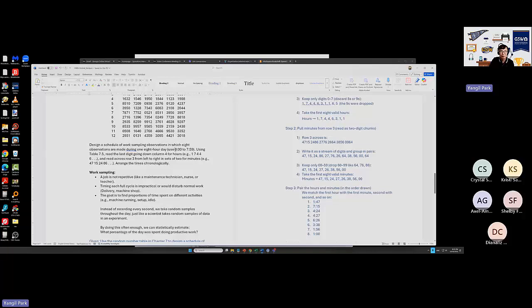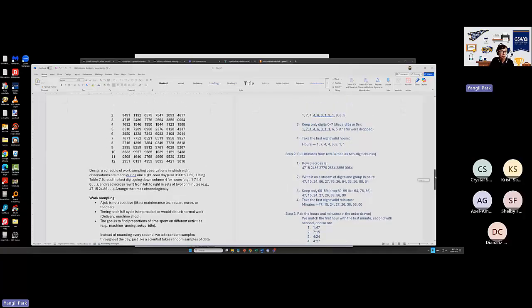This can be normally distributed. You want it to be really random, rather than making very regular numbers. That's the idea.